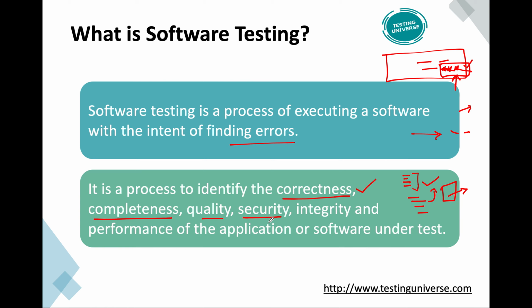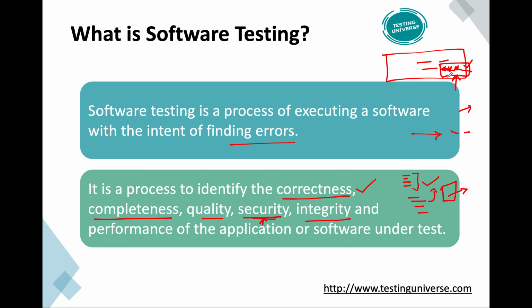So all those kinds of security related things, we'll go into detail about what security testing is, how exactly we have to consider it, what different types of security breaches might come, and how exactly we have to test that. We'll go in detail, but we will also verify security and then integrity.